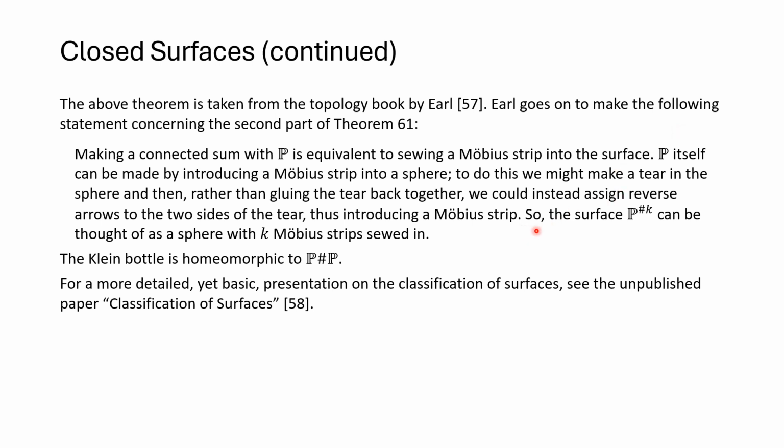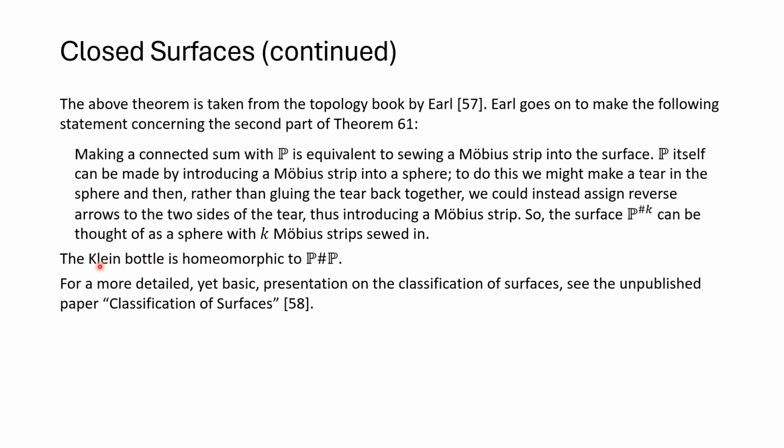And once you have that, the surface P hash K can be thought of as a sphere with K Mobius strips sewn into it. So that's just reiterating some ideas we discussed previously. The Klein bottle, which isn't in the theorem because it's not a closed surface, can be represented as the connection between two instances of the projective plane.